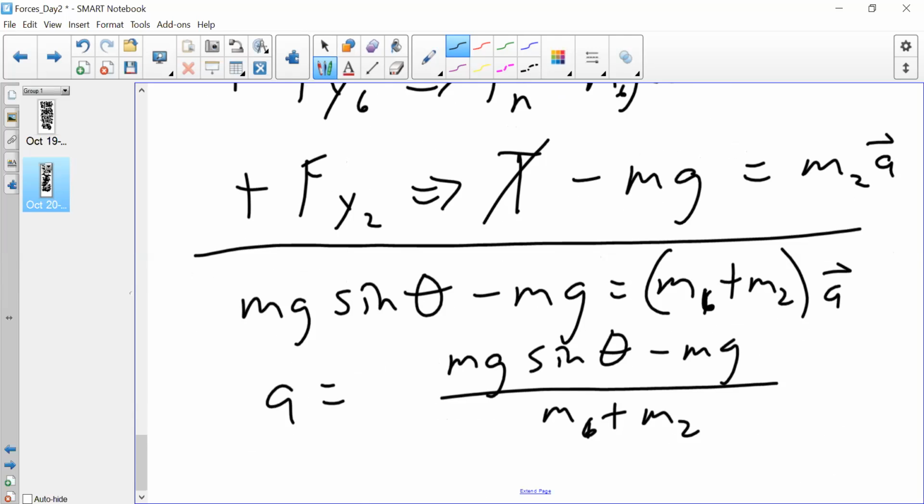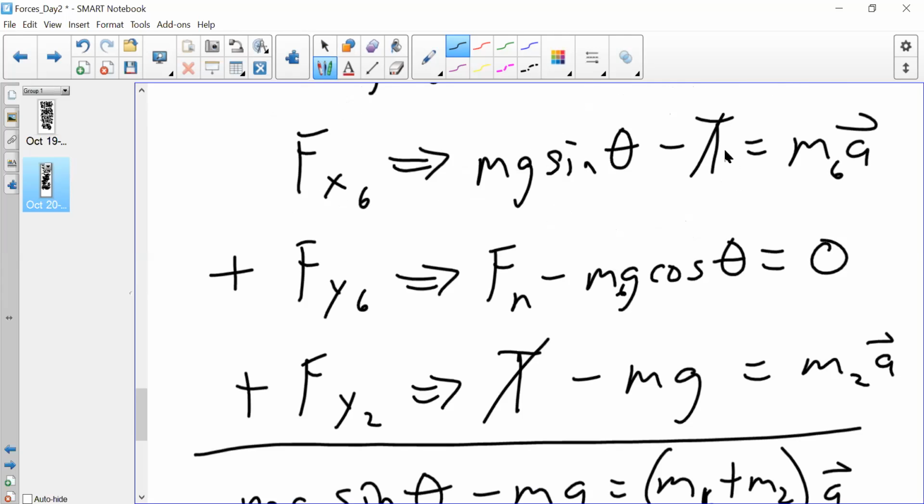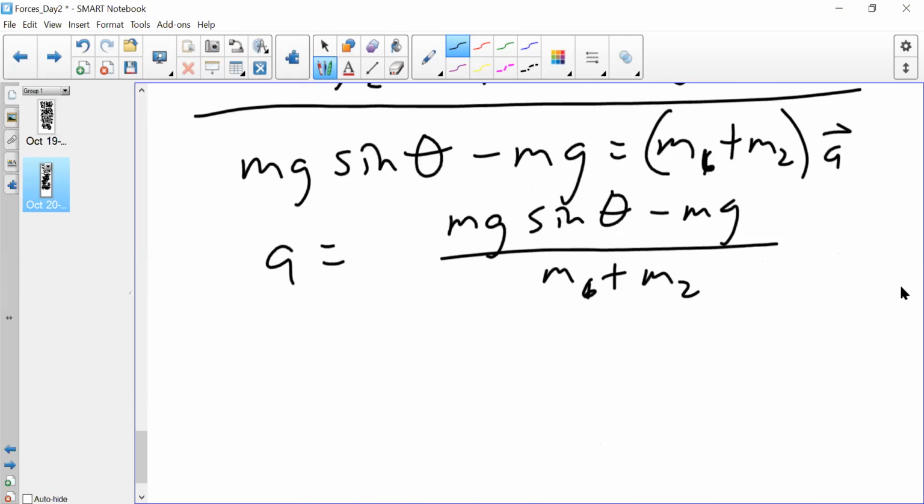Sound good? Okay, so let's make sure: mg sine theta, this minus sign goes away. That m is the m6.